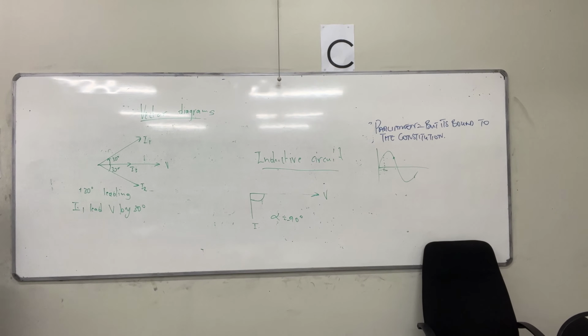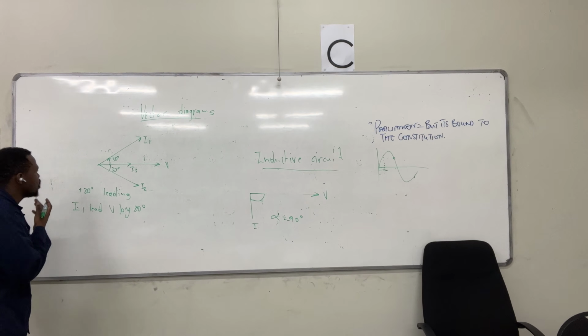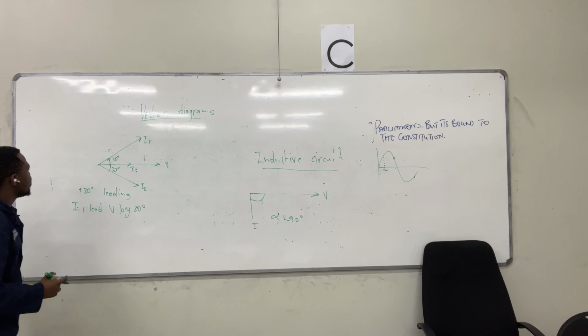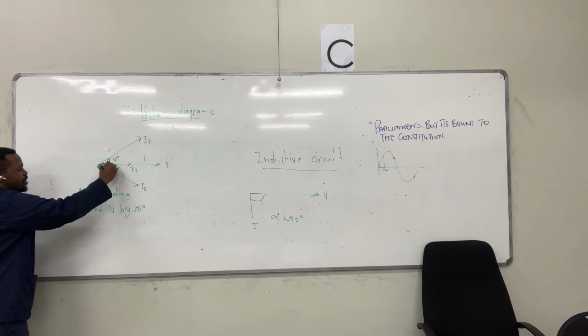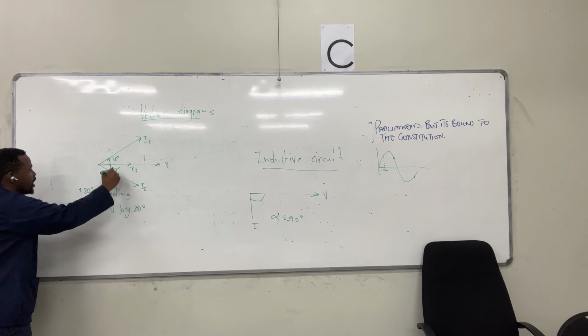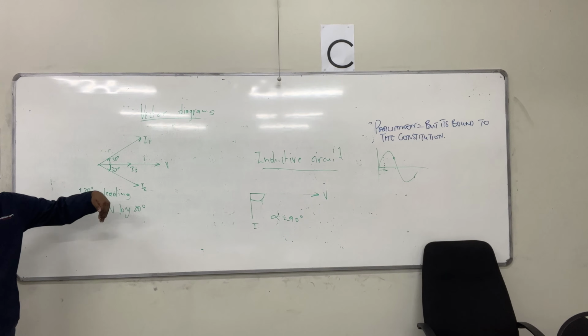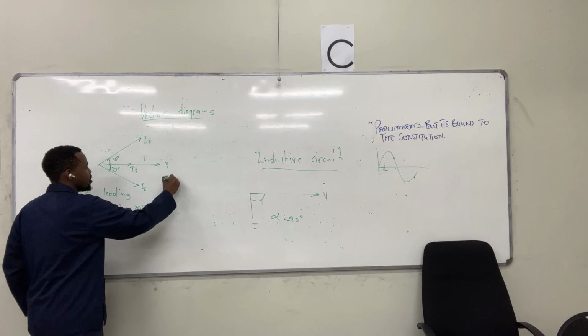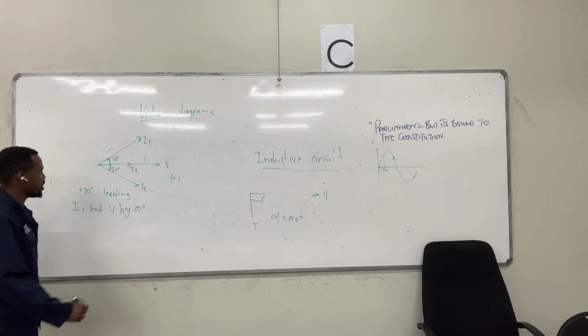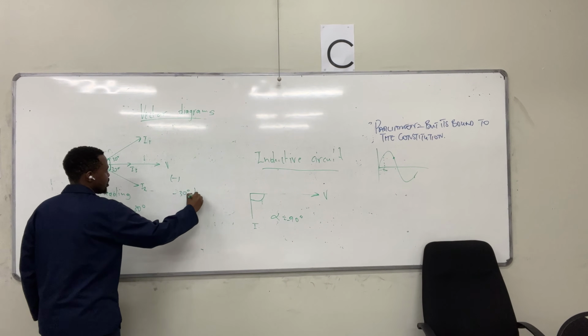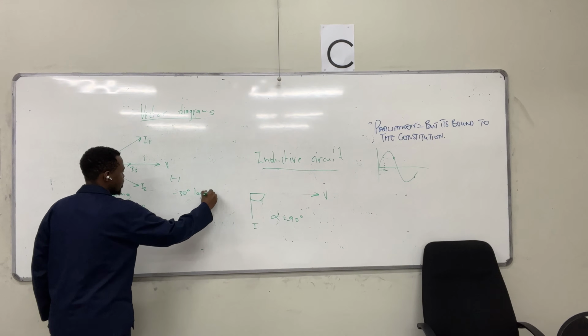Let us look at I2. Looking at I2, here is my reference vector, which is the voltage. For me to go from the reference to I2, I have to rotate clockwise. Clockwise rotation means a negative angle. Basically, the phase angle is negative 30, which is lagging.